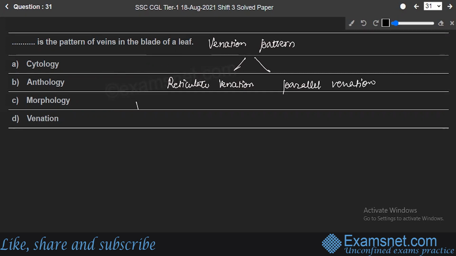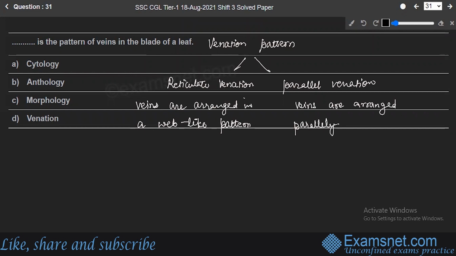In the reticulate venation, veins are arranged in a web-like pattern. And in the parallel venation, veins are arranged parallelly. All right, so option D, venation, is the correct answer to our question.